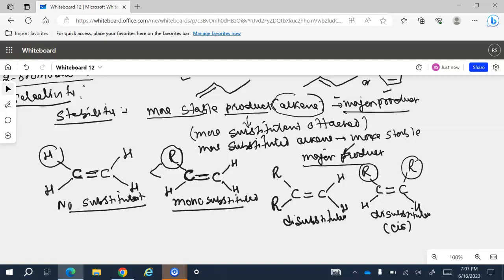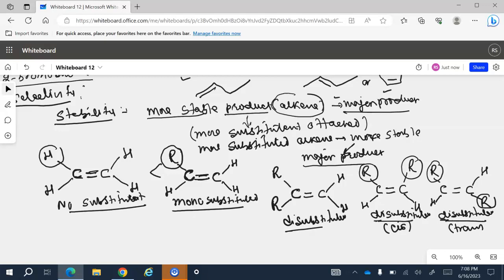And the other possibility for the di-substituted is a carbon-carbon double bond where you have two R groups on adjacent carbons, but they are facing opposite sides. We call that also di-substituted, containing two substituents, but this is trans. So you can see that there are three types of di-substituted alkene.